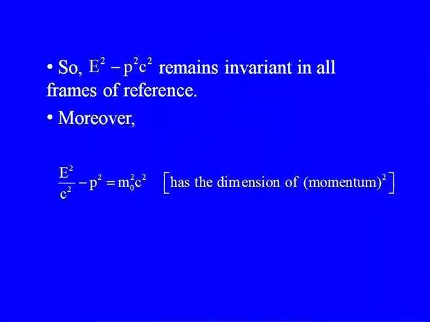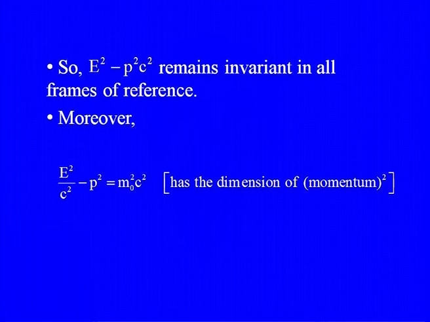Now, that has the dimension of energy squared. Actually, it need not be. I mean, we were also having momentum, so we could also have this as the dimension of momentum squared. Well, that's very simple.